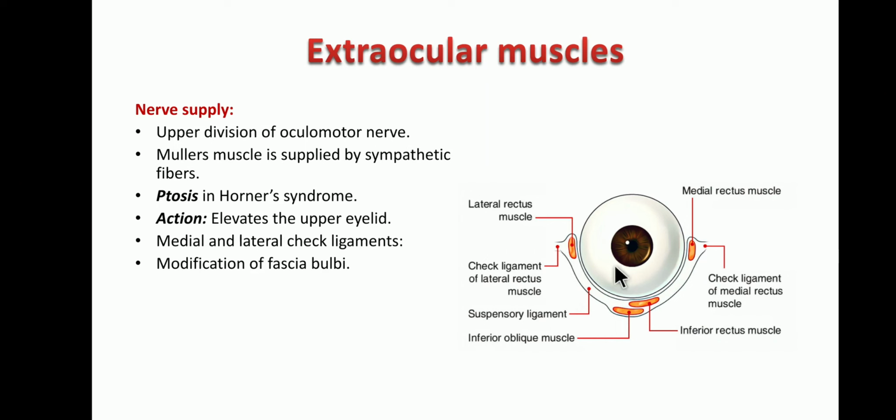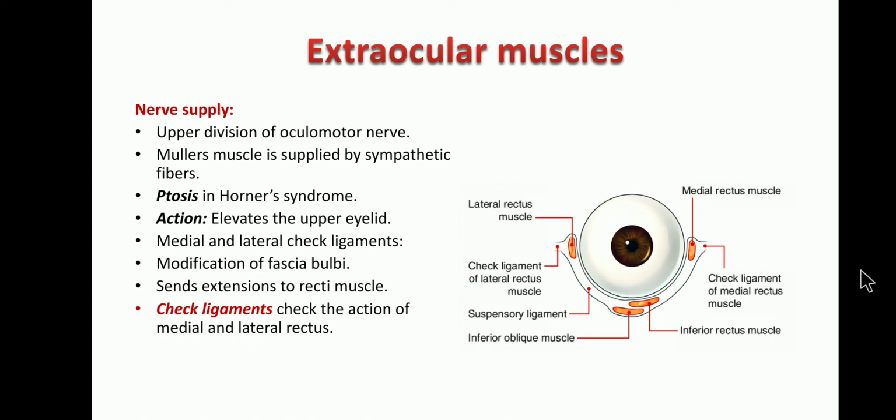Then it also forms inferiorly the suspensory ligament of Lockwood, which supports the eyeball from below. That is the suspensory ligament of Lockwood, apart from the medial and lateral check ligaments. I told you the lateral check ligament attaches to the Whitnall's tubercle. So these are all modifications of the fascia bulbi or bulbar fascia.